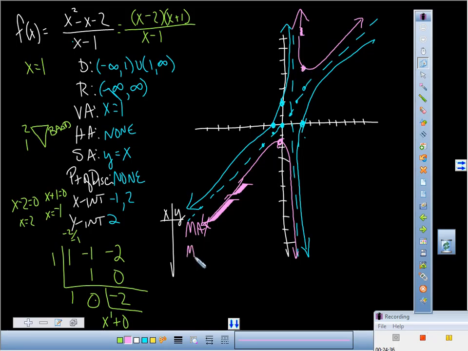Now, why am I going to put them in there? It makes my graph look good, right? It's going to help you do the range. Your range is going to be from negative infinity to this max, and then from this min to positive infinity. Okay? All right. Anybody got a question? Okay.